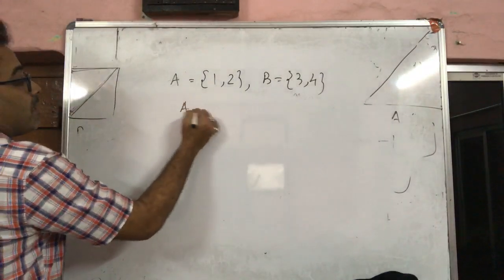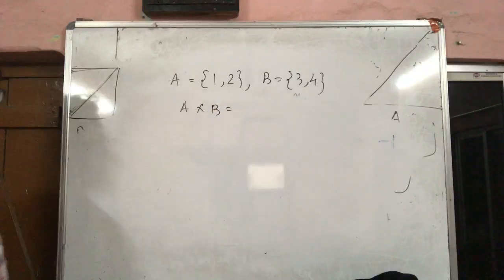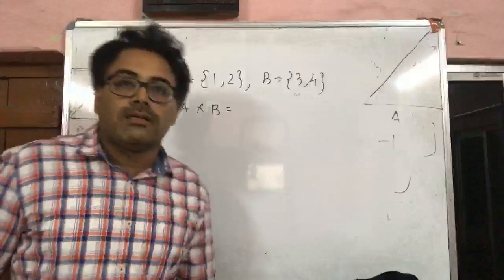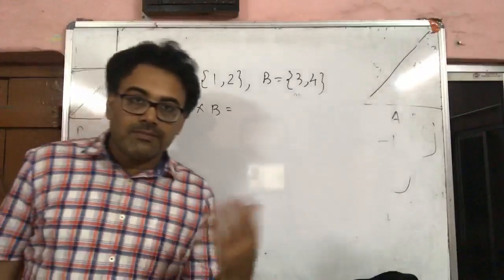Now, write down A cross B. We'll try to form another thing.